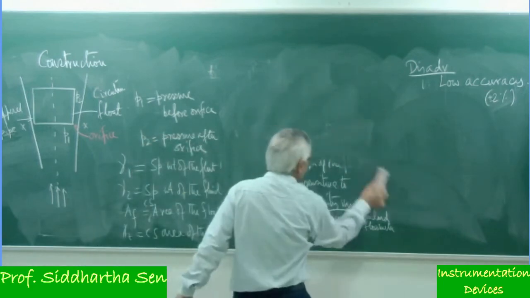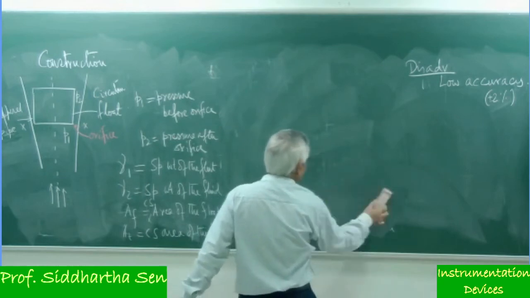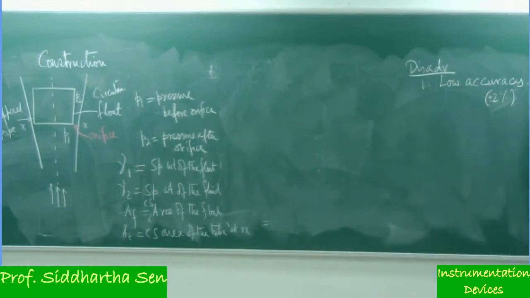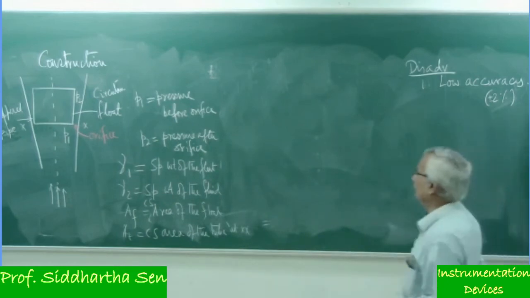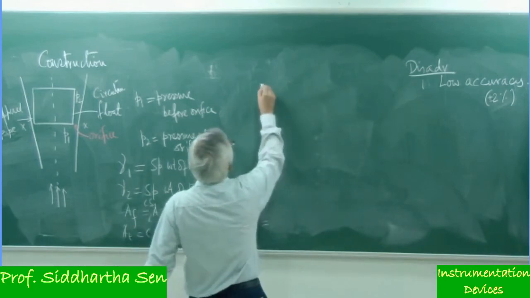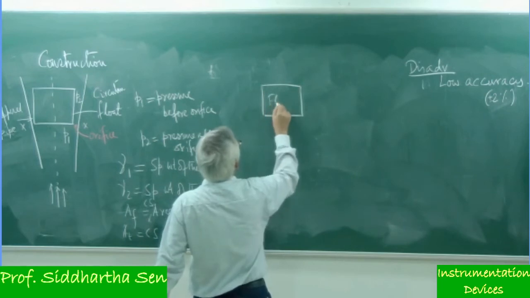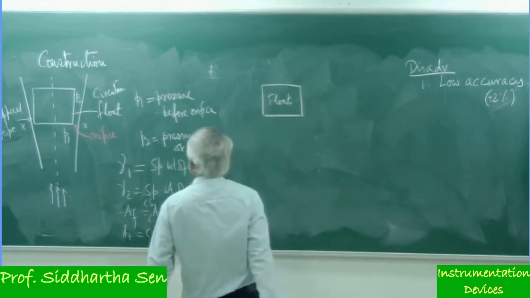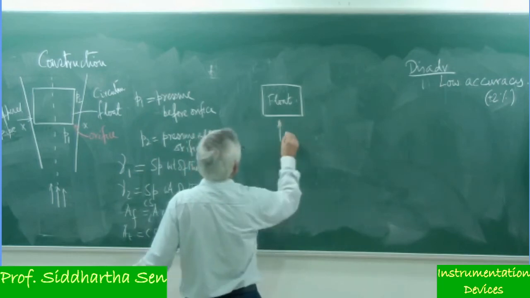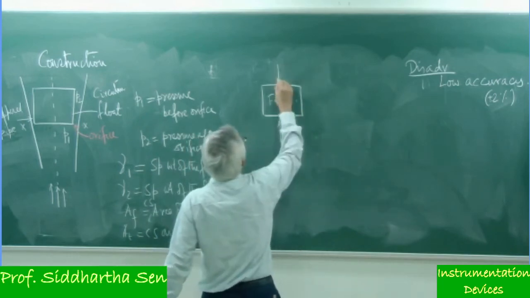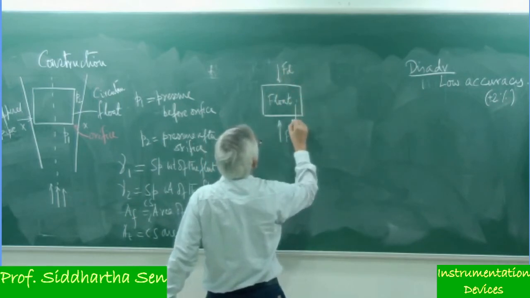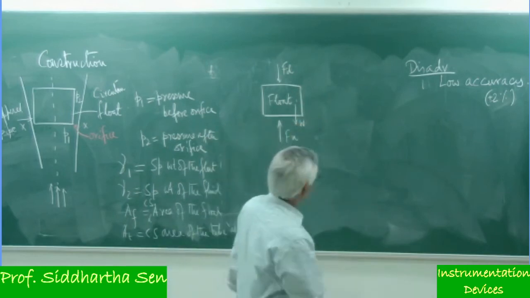Now, first of all, if we look at the free body diagram of the float, this is your upward force Fu, this is your downward force Fd, and obviously the weight of the float W is downward.